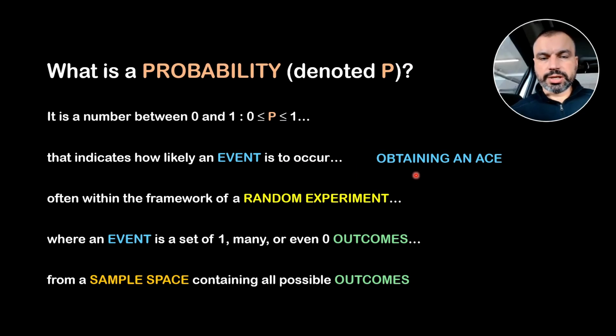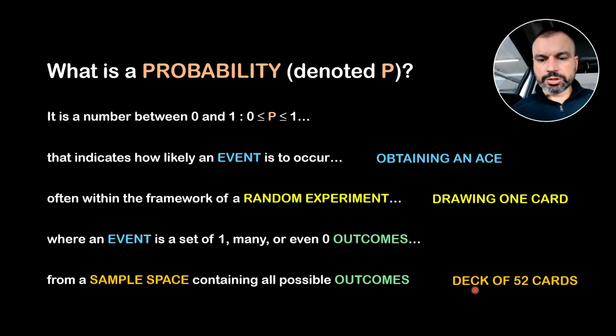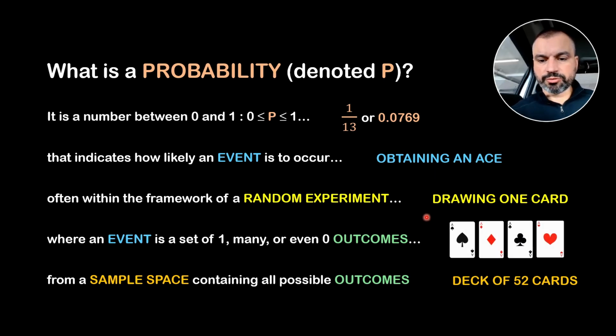The probability of the event obtaining an ace when drawing one card from a deck of 52 cards is going to be 1 over 13, because the event obtaining an ace contains 4 possible outcomes. Since we have a total of 4 aces in the deck of 52 cards: the ace of spades, the ace of diamonds, the ace of clubs, and the ace of hearts.